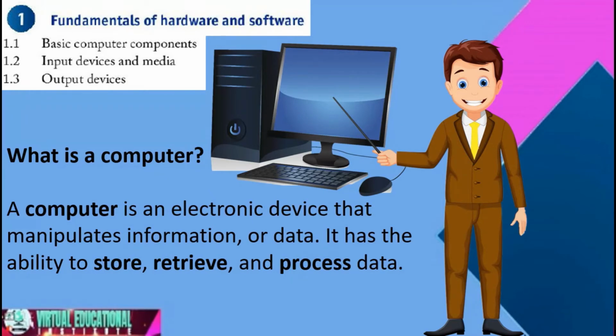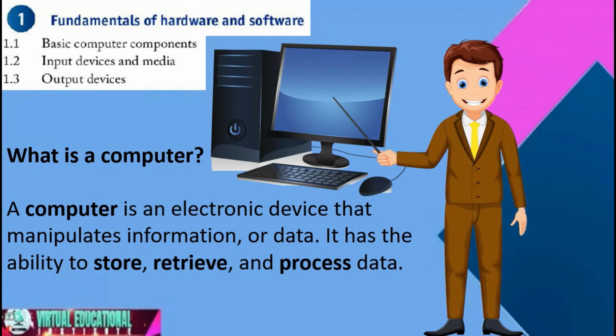Now, let's break apart what we have in front of us here. So, a computer would need some form of electricity to function. And with electricity to function, a computer will be able to manipulate. Manipulate meaning make changes to information or data.